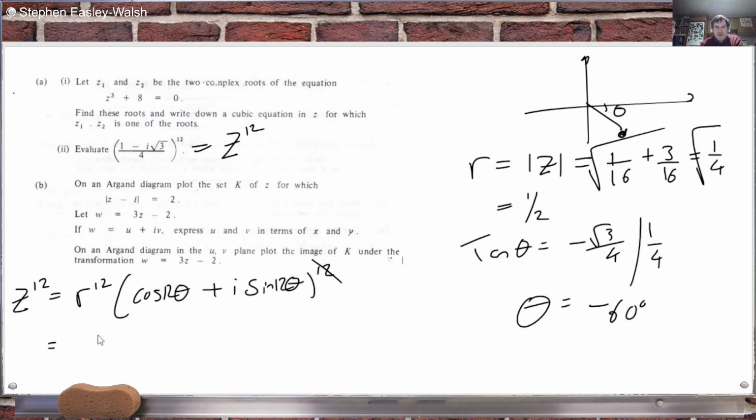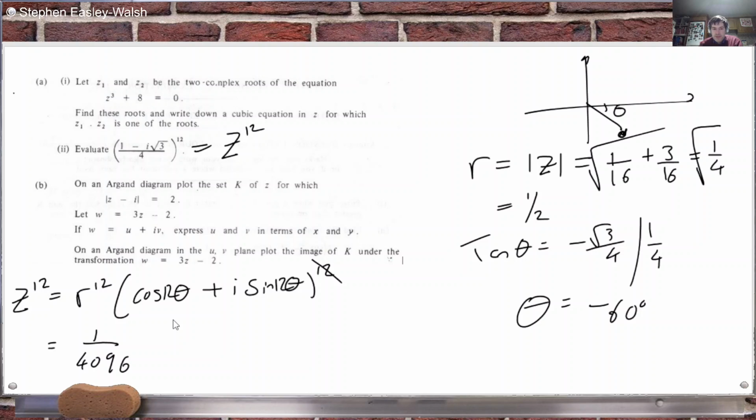Oh, is that right? It'd be much better if the r was 1. 1 over 4 squared plus root 3 over 4 squared. Yeah, it's a quarter. So that's going to be 2 power 12, that's 1 over 4096.